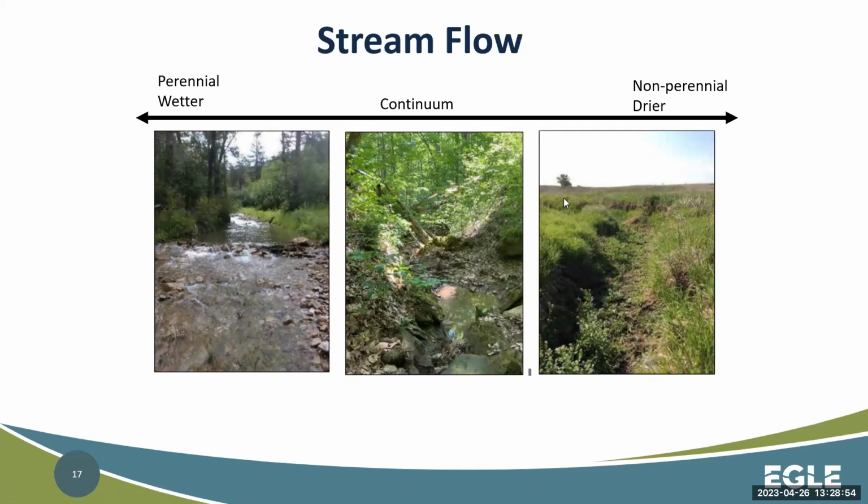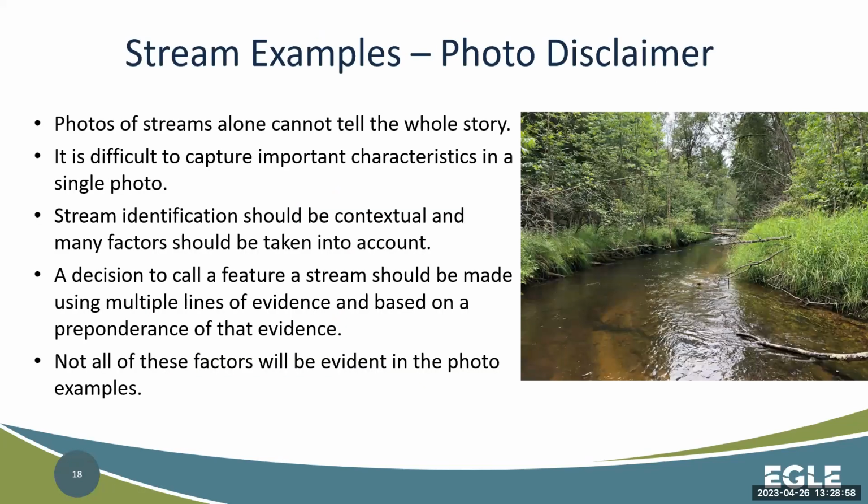So I'm going to go through a number of examples. But first, I do want to put out just a disclaimer about the photos used in the presentation. Photos of streams alone can't tell the whole story. It's difficult to capture important characteristics in a single photo.